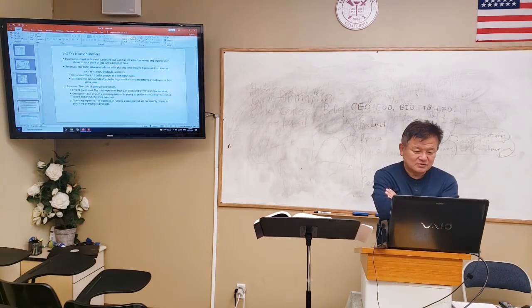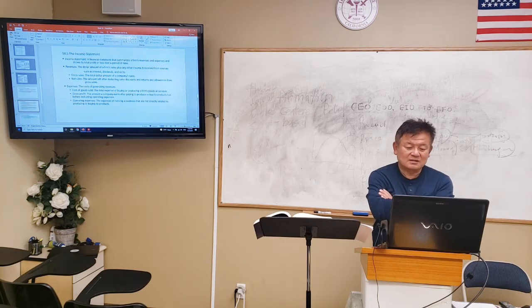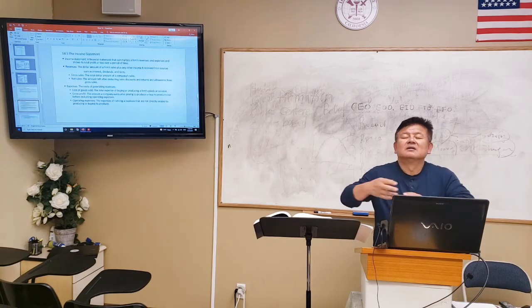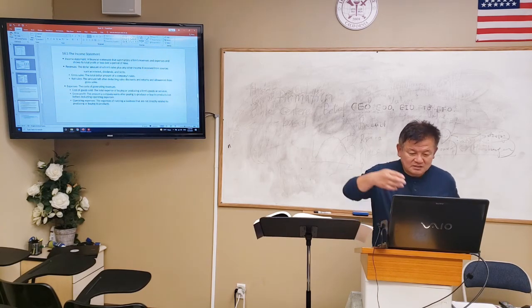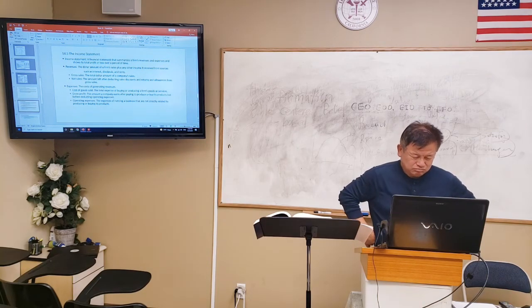Revenue consists of gross sales and net sales. We can divide that. Gross sales means the total dollar amount of a company's sales. Net sales means the amount left after deducting sales discounts and the returns and allowances from gross sales.